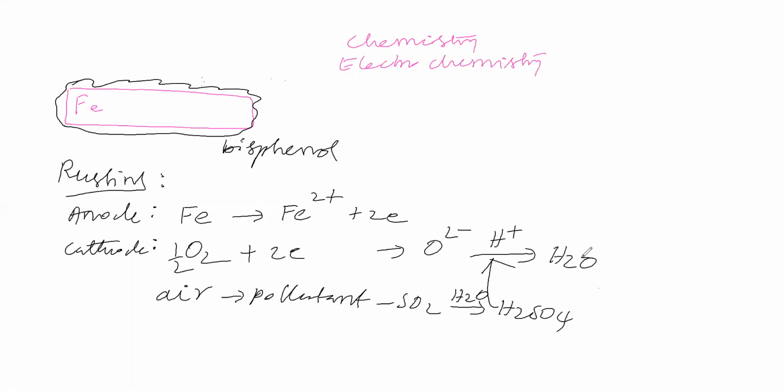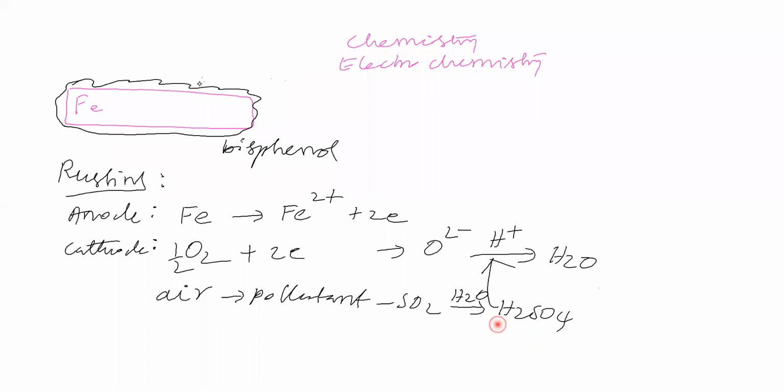Here the anodic process takes place because of impurity in the iron. The cathodic process takes place due to acidified air.